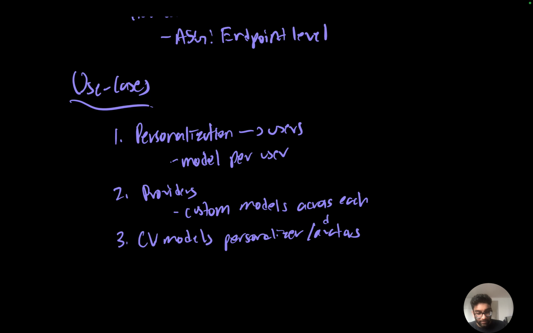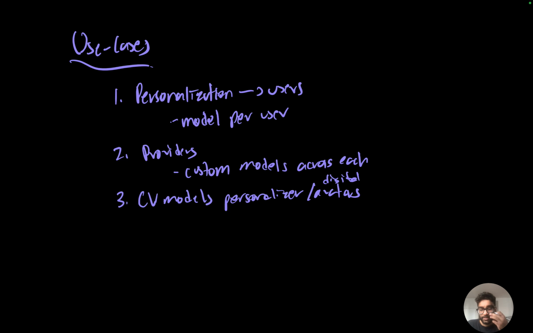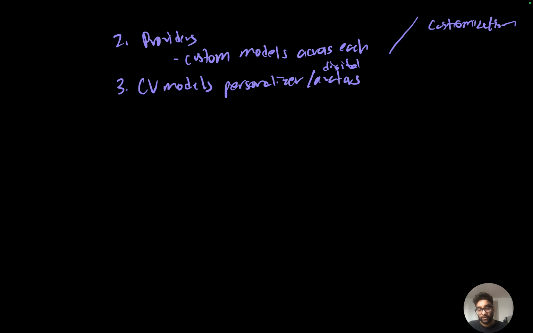Those are some use cases I've seen. These are all different dummy use cases that you can think of, but the main takeaway you want is when there's heavy sets of personalization or customization for a model across many different users. That's normally a good use case for MME.